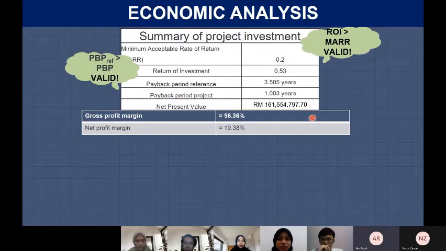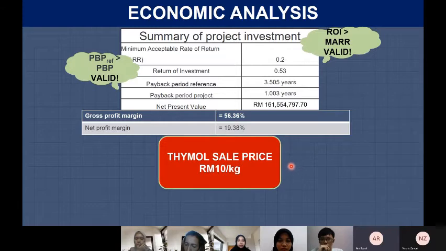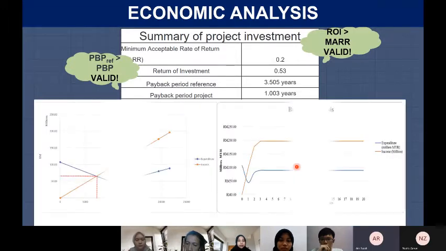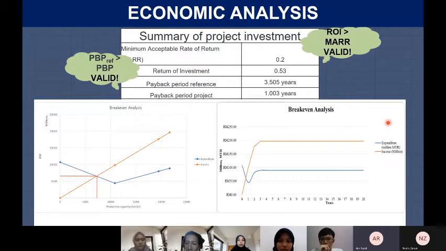Net present value for this project is around 161 million. By calculating our gross profit margin and net profit margin, we decided to set our Thymol sale price to 10 ringgit per kilogram. The total income and expenditure in the design plan is considered to determine the breakeven point, which is at 0.95 years.